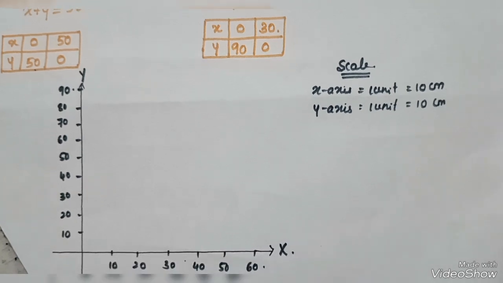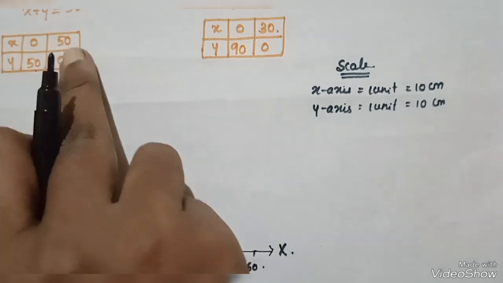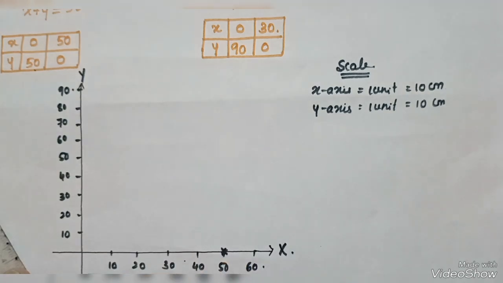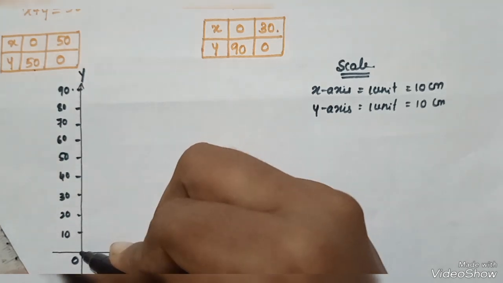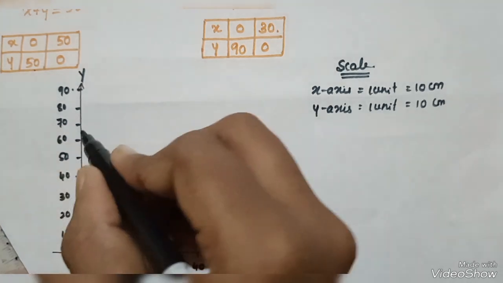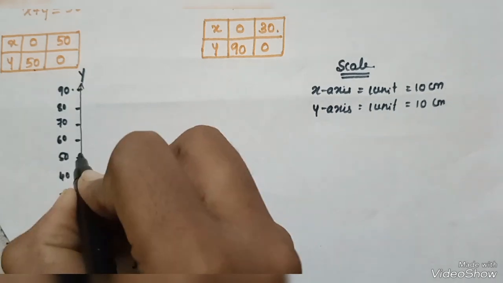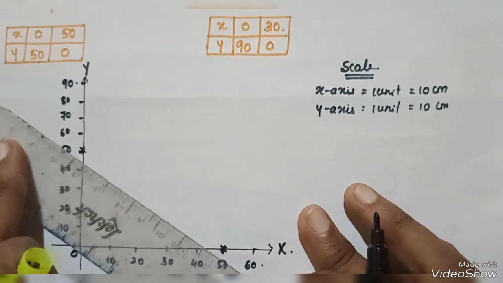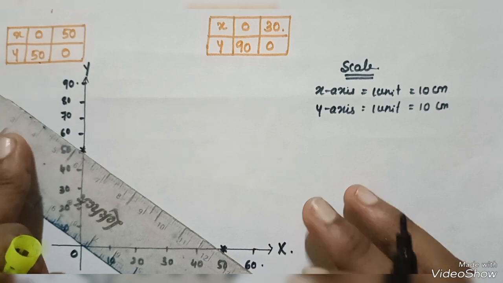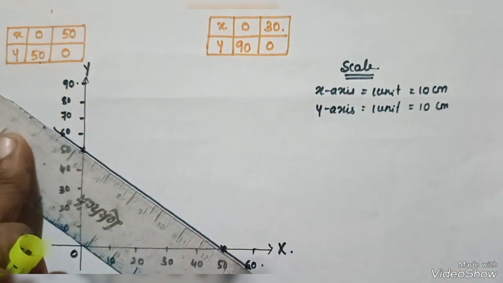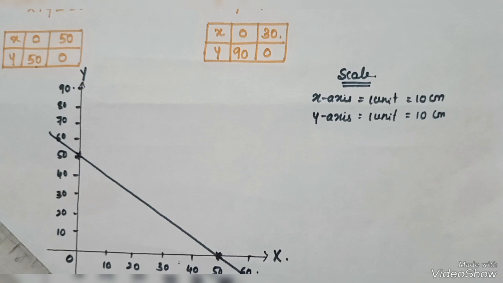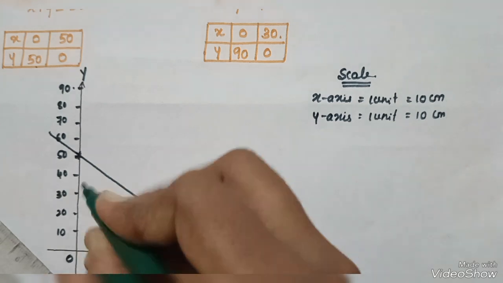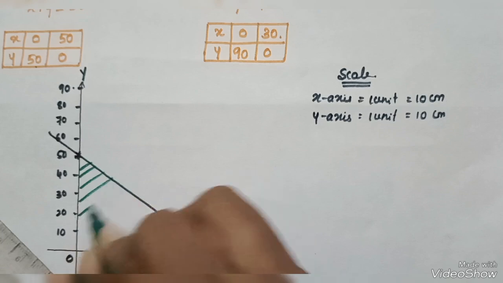First mark x on the x-axis, this one is the point. Again, the point is x equals 50 when y equals 0, and y equals 50 when x equals 0. So we first draw the first line. Then we take the shading part.